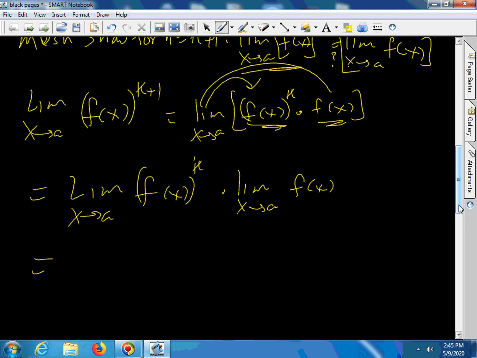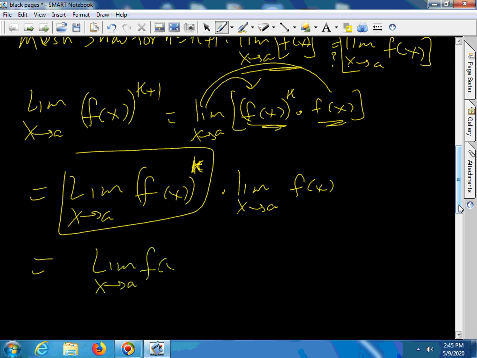By assumption, if the power is k, this limit is our induction hypothesis. This is the limit as x goes to a of f of x all to the kth power.